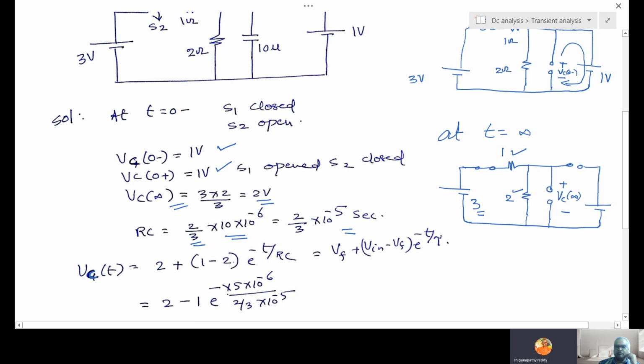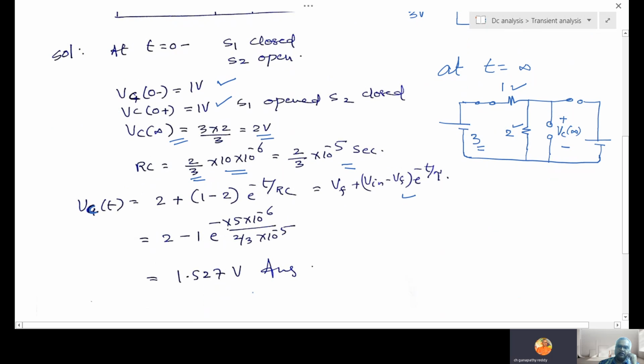Final plus (initial minus final) e power minus t by tau. Using this formula, simplify. What is being asked? VC at t equal to 5 microseconds. So replace t with 5 micro, simplify, and you get this.